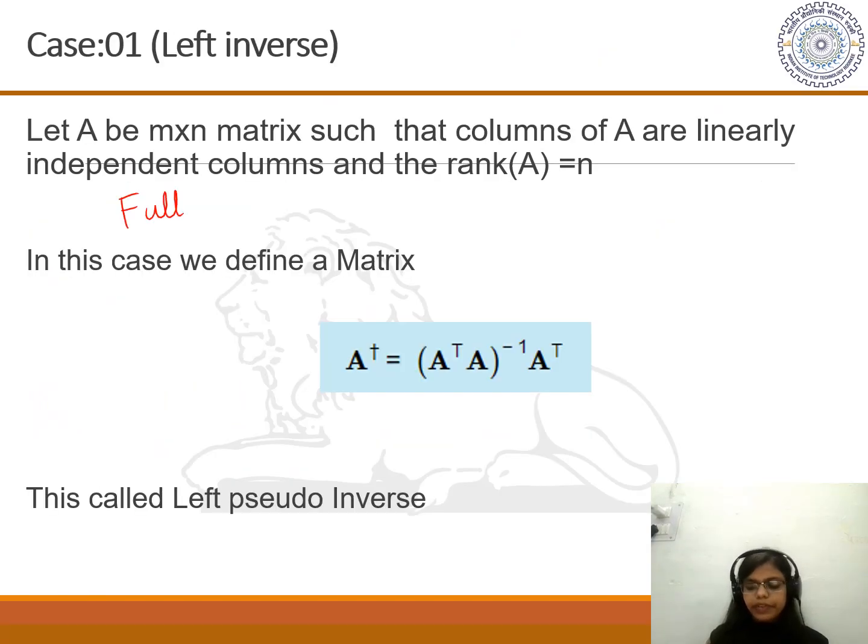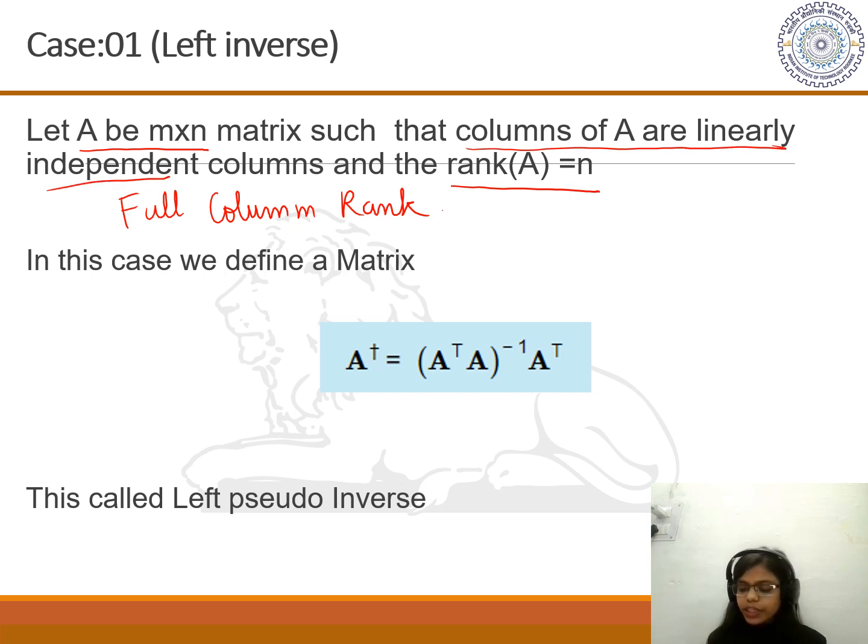So let's begin with our first case, that is when the matrix is a full column rank matrix. That is, the rank of the matrix is equal to n when the dimension of the matrix is m cross n. Also the columns of A are linearly independent. So for this case, we define the pseudo inverse as (A transpose A) whole inverse A transpose.